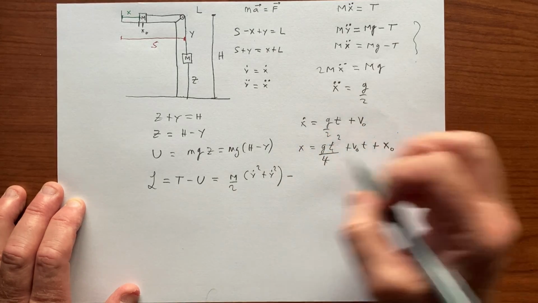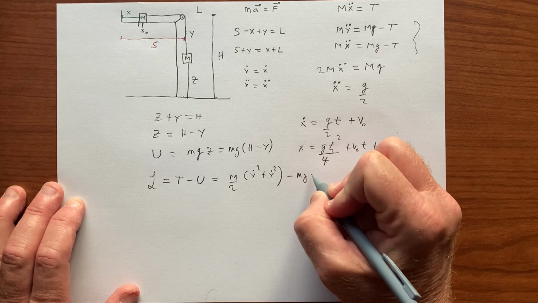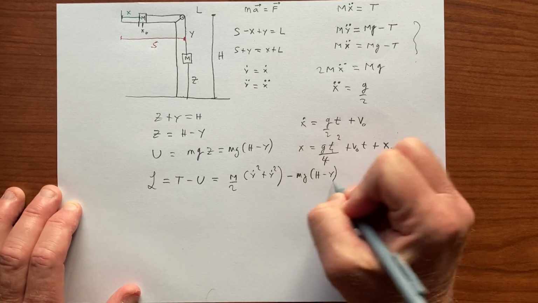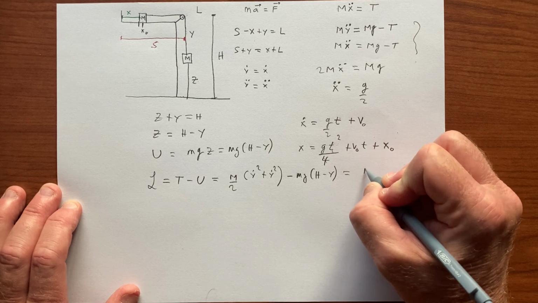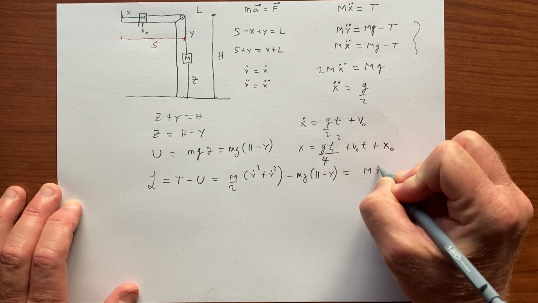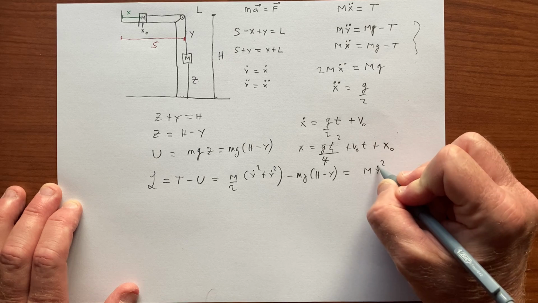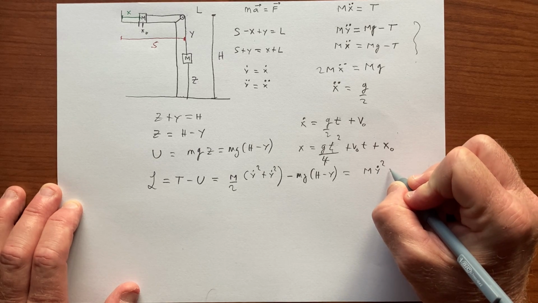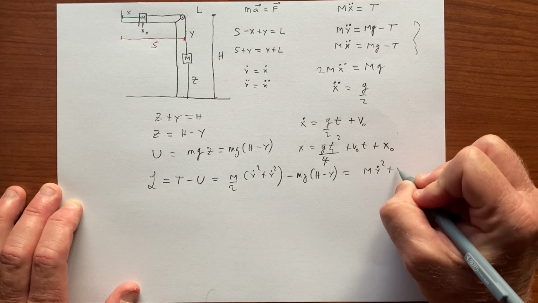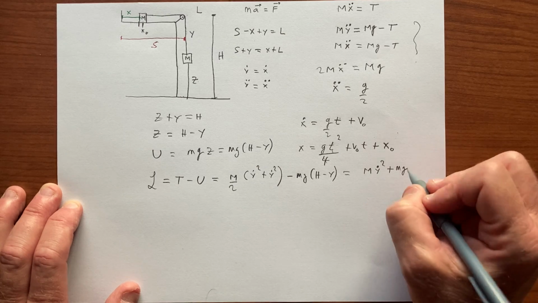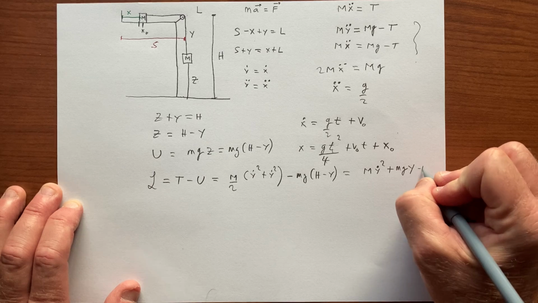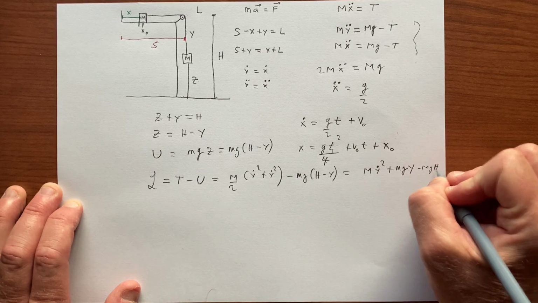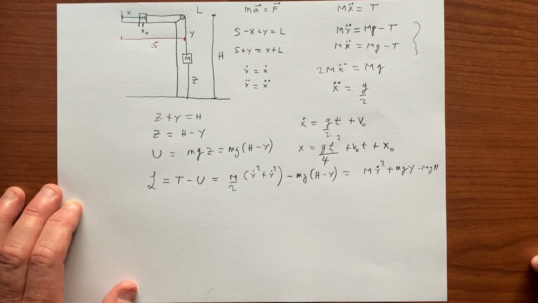We have minus U, which is minus mg times h minus y, and so we can write that as m y dot squared plus mg y, minus mg h, which won't affect anything.